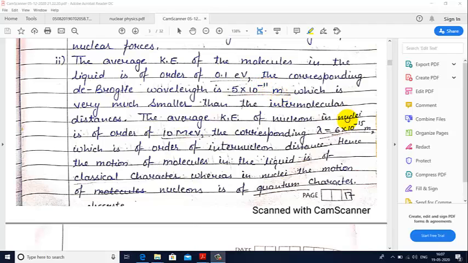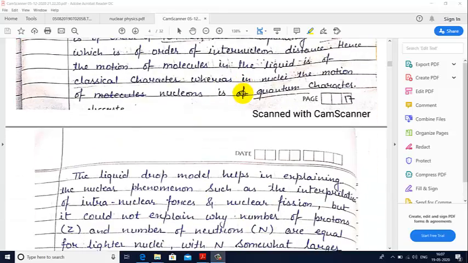The motion of liquid is of classical nature, and the motion of nucleons is of quantum nature. So at this small scale, quantum mechanics comes into the picture. The motion of nucleons will be described by quantum mechanics, and the motion of the liquid can be described by classical mechanics.